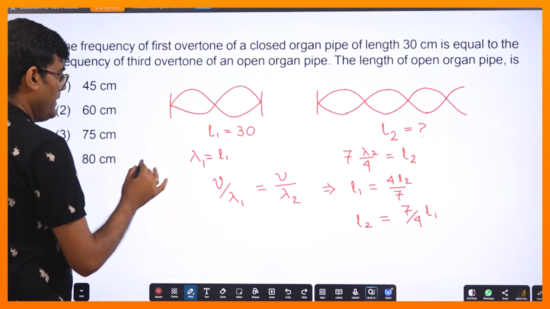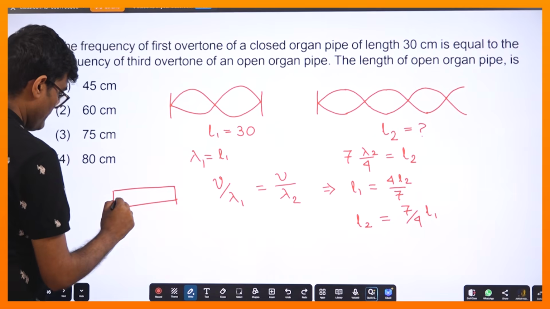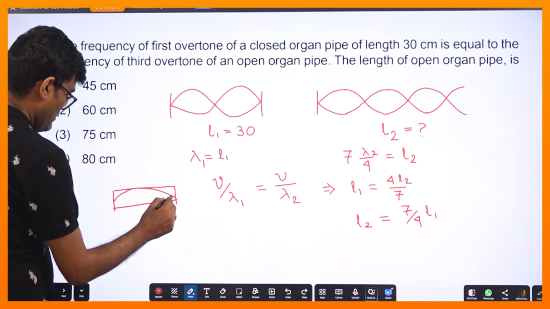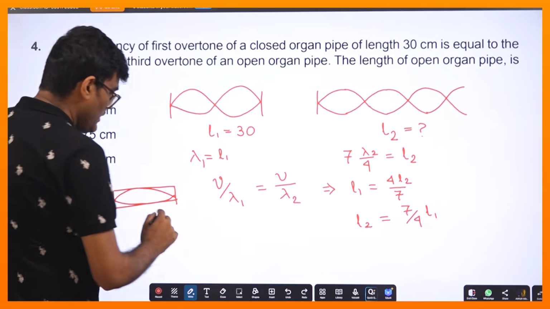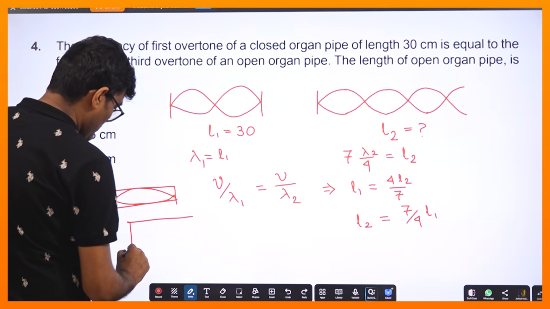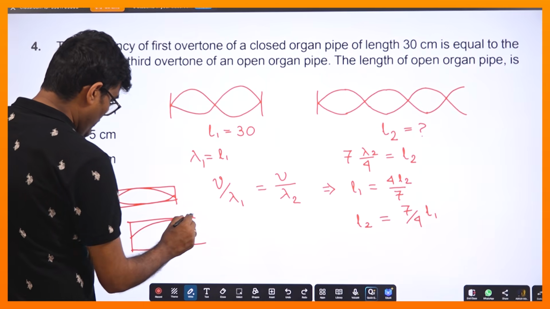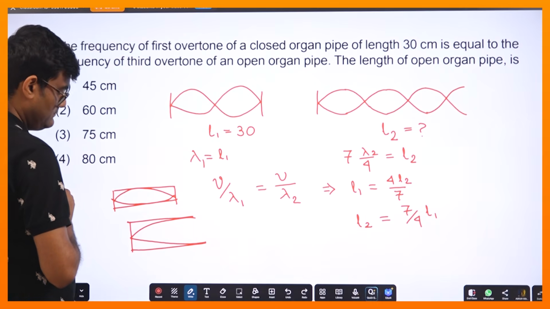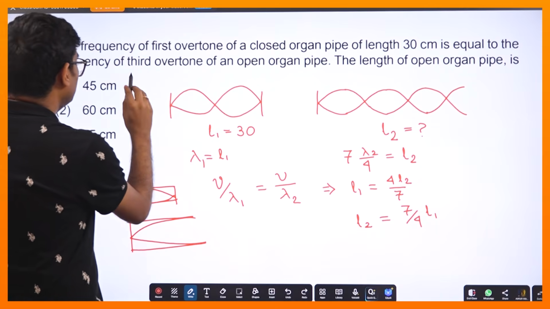So in a closed organ pipe we have this scenario. In an open organ pipe, the open end is an antinode and the closed end is a node. It says the first overtone is equal to the third overtone.